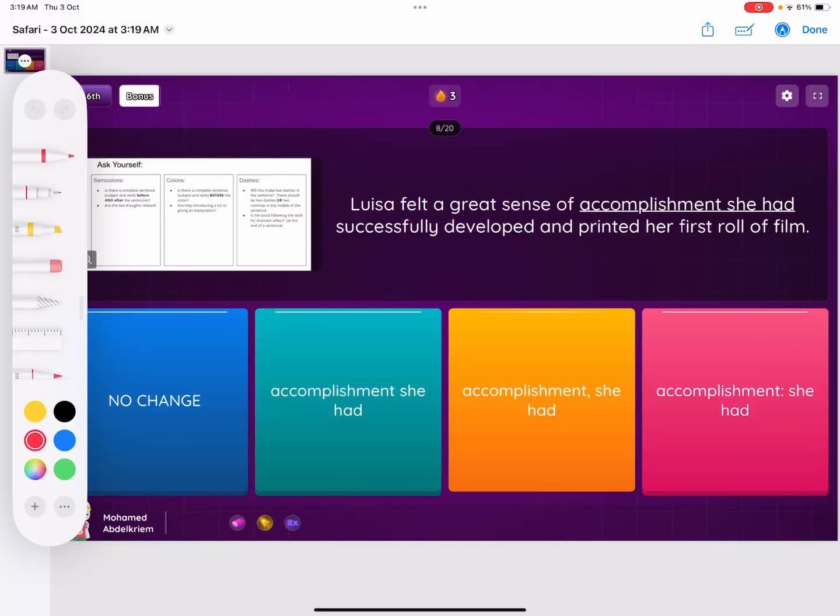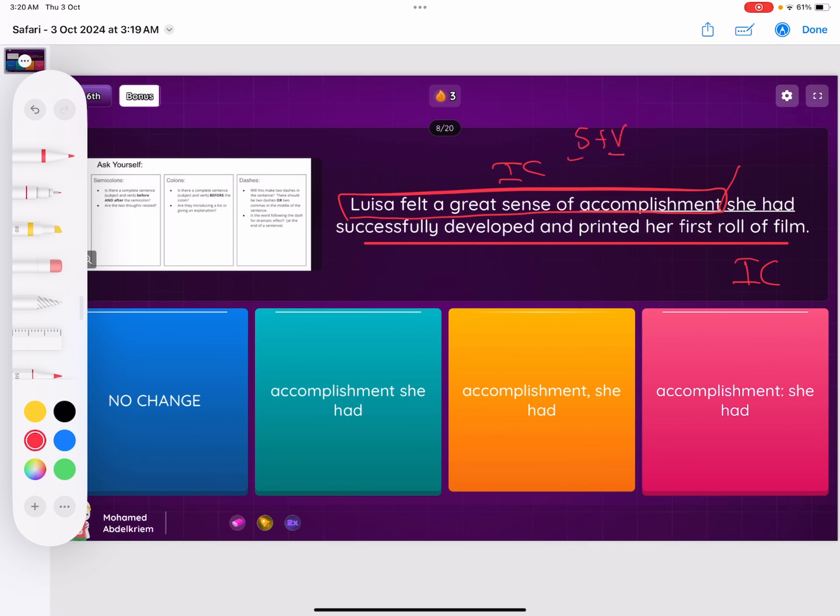Let's do the next one. Louisa felt a great sense of accomplishment. This is an independent clause. And then the second part, she had successfully developed and printed her first roll of film. This is another independent clause. And again, guys, for those who forgot, an independent clause is a clause that has a subject and a verb. So here I have a subject, Louisa, and then felt, which is a verb.